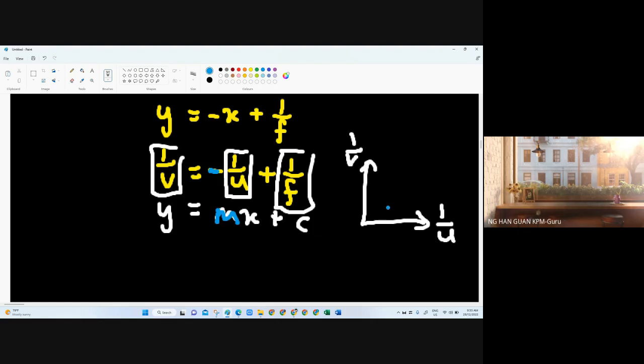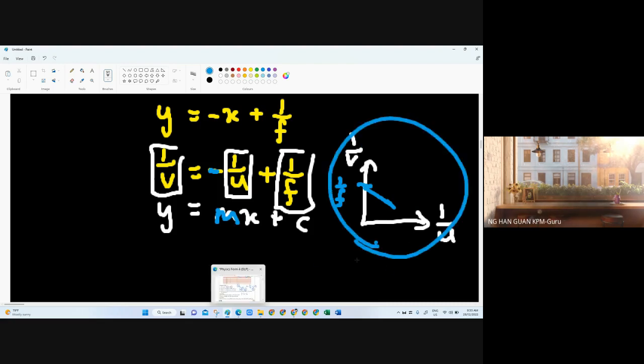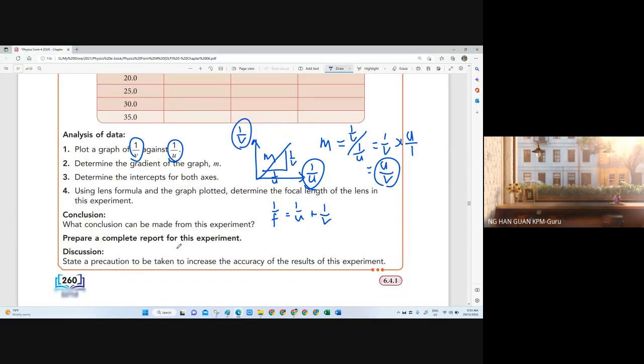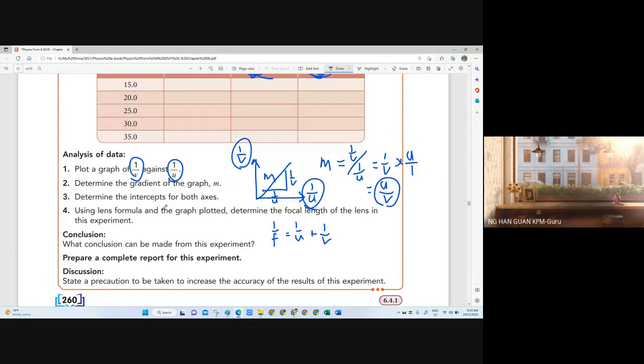The intercept should be positive, only the gradient is negative. So it means the graph should be like this. From here, it's possible to see whether we can do these experiments or not.